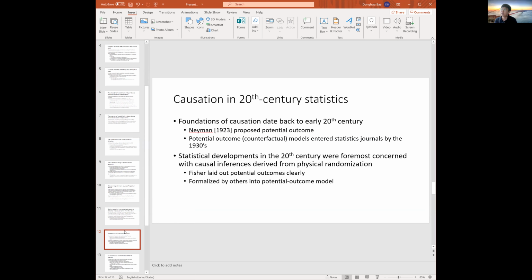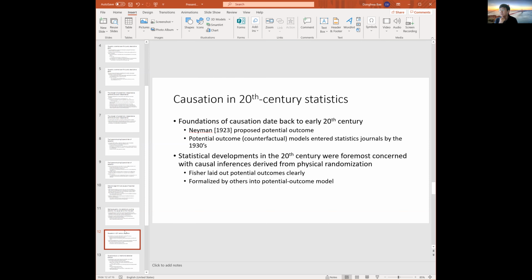And in the early stage of causal models, statistical development in the early 20th century was foremost concerned with causal inferences derived from physical randomization. So I think this part means that the concepts of potential outcomes or causal theories were mainly discussed in randomized controlled trial, RCT, models.